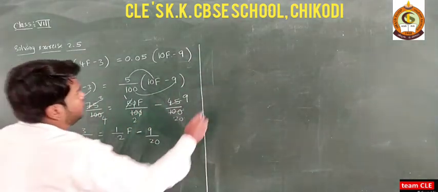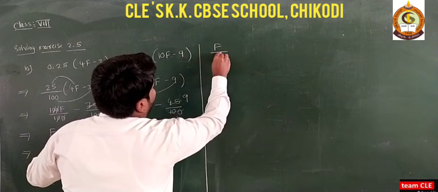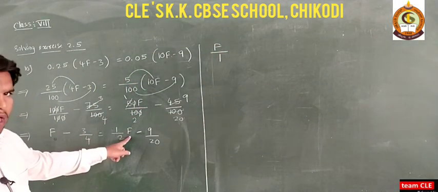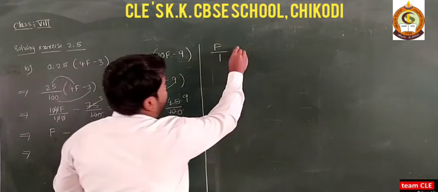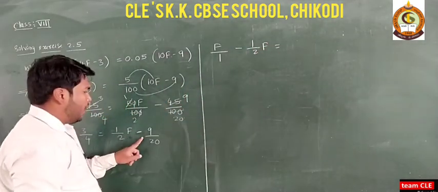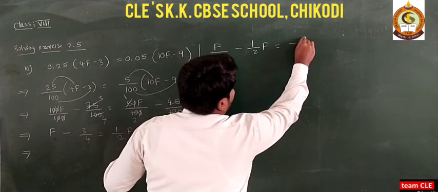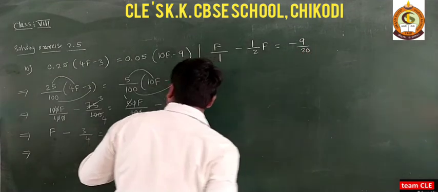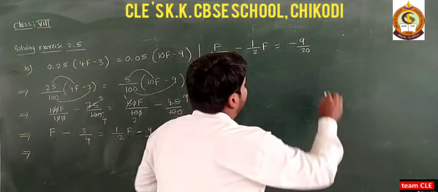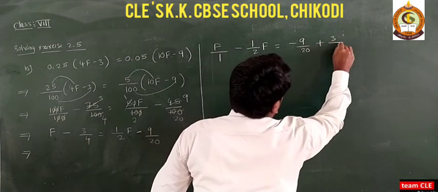So f is equal to, write as it is, f divided by 1, and this is 1 by 2f. When it goes to the LHS, it becomes minus 1 by 2f, which is equal to minus 9 by 20, write as it is. This is minus 9 by 20, and this is minus 3 by 4. When it goes to the RHS, it becomes plus 3 by 4.